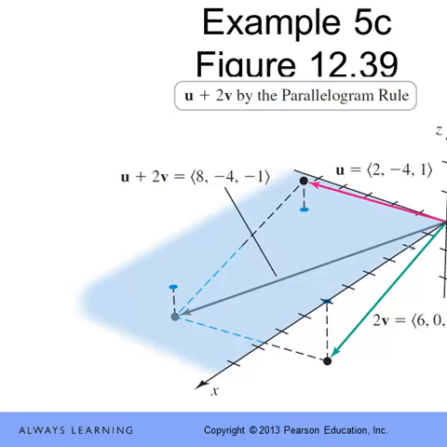Now, to actually compute the components of the sum, you basically add the components of u plus 2v. 2 plus 6 is 8. Negative 4 plus 0 is negative 4. 1 plus negative 2 is negative 1. Just add the components of the vectors that you're adding.